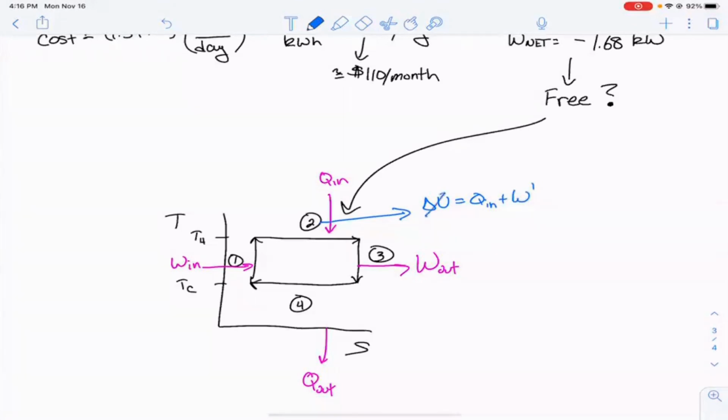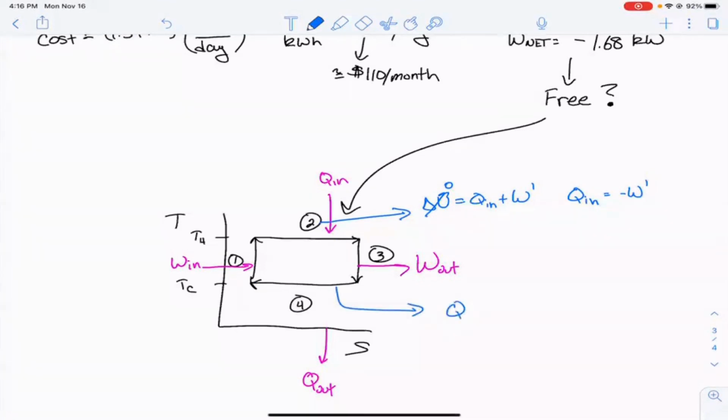And if it's isothermal for an ideal gas in the process, that would mean that the change in the internal energy is 0. And even if it wasn't an ideal gas, of course, the change in the internal energy would be small. And so that actually means that Q in is equal to minus this W prime. And the same thing happens down here, where we could, for that particular step, do the same thing.